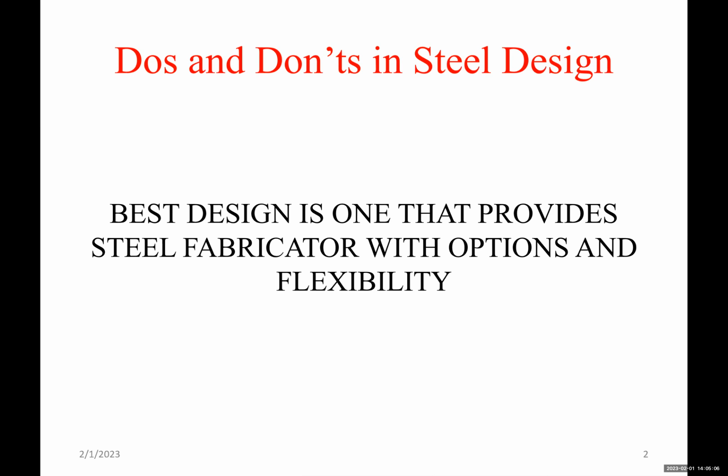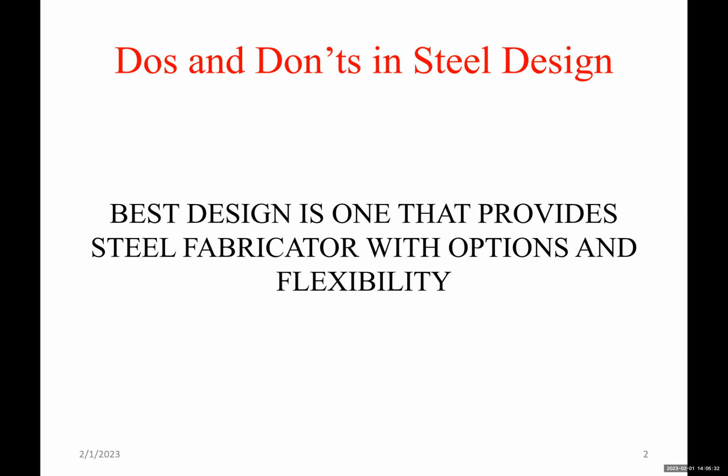And also the same thing for the selection of the member types that we're using, knowing what is available in the market and what's not available. So if there is a fabricator on the job from the beginning, it's wise to consult with the fabricator on what to use.